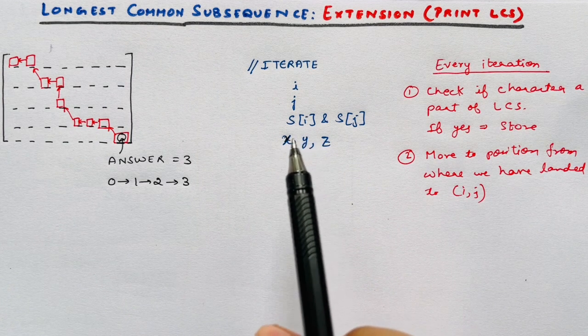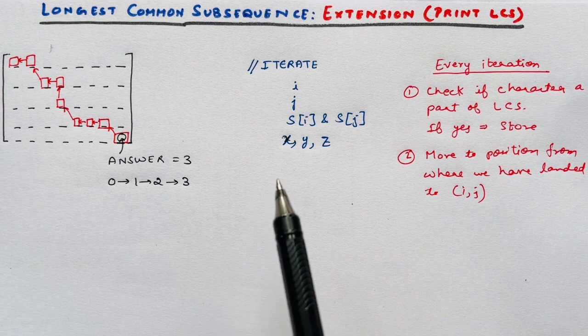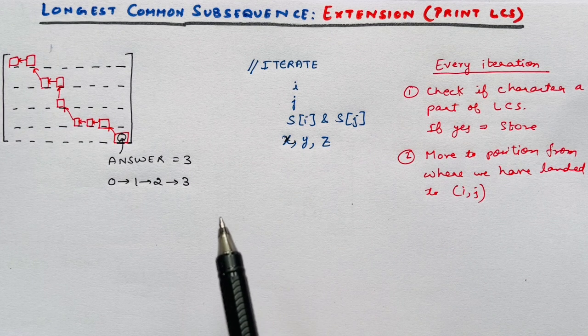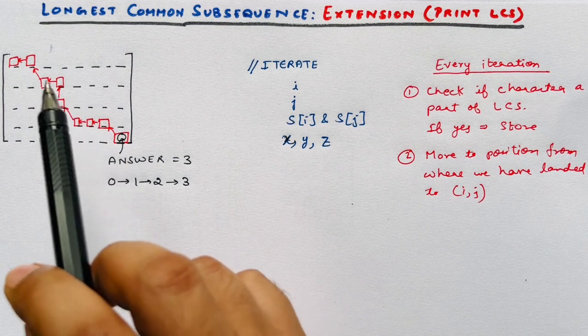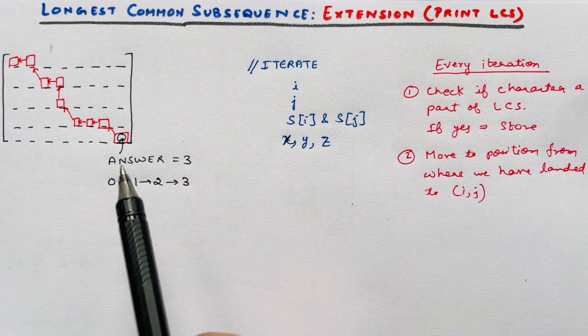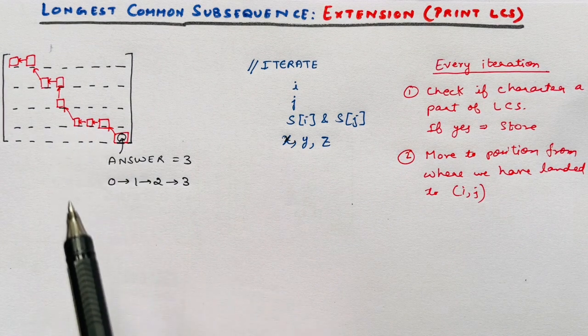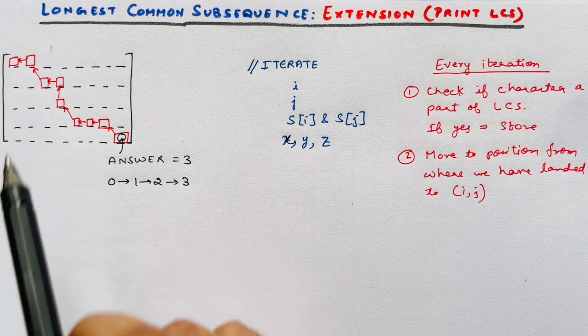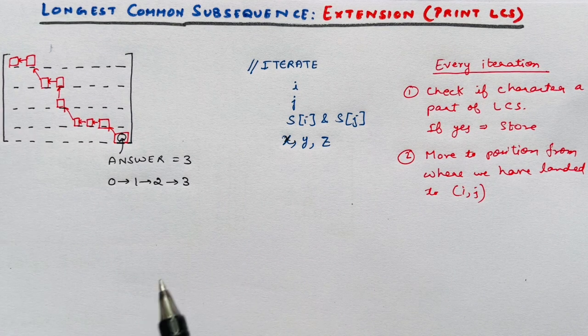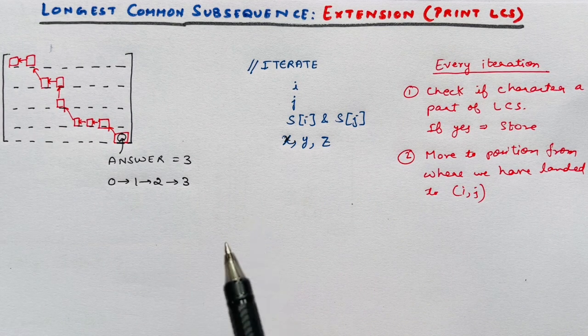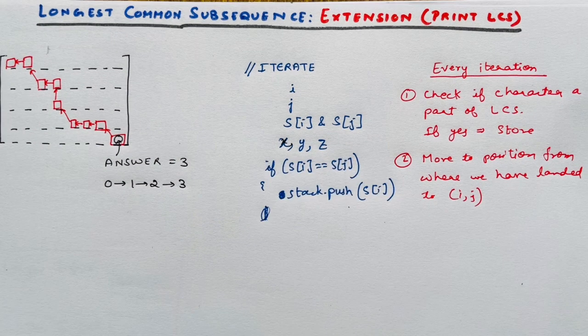If it was, then we have to store it. Now, in which data structure should we store it? Since we are traversing in reverse order, we will encounter the last character of the common subsequence first and the first character last. That means the stack is the best data structure to store these characters. So we stored that character in the stack.